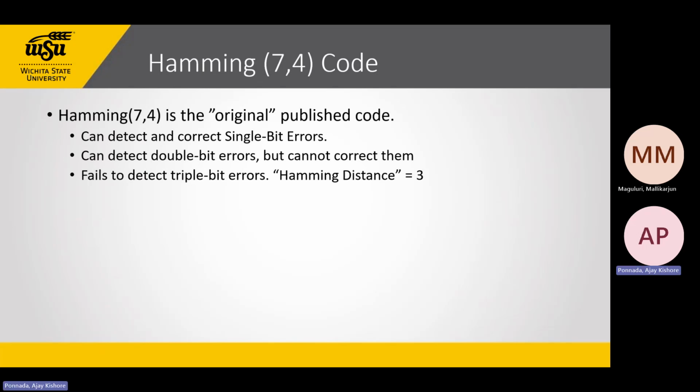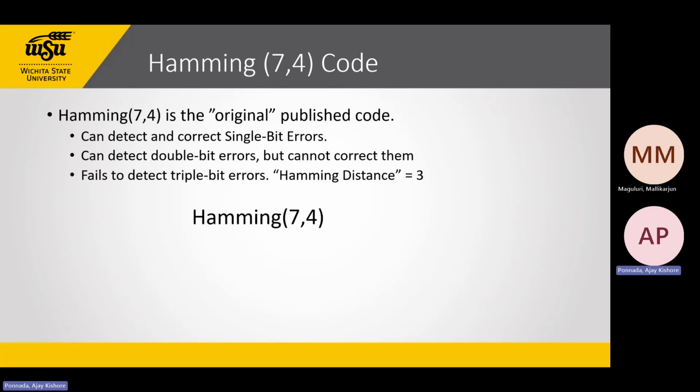It fails to detect triple bit errors. So if 3 bits are flipped, it won't detect the error. If 2 bits are flipped, it's going to detect but not correct. If there is a 1 bit error, it's going to find it and correct it.